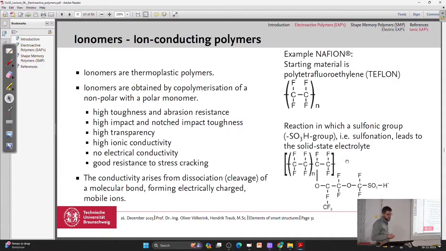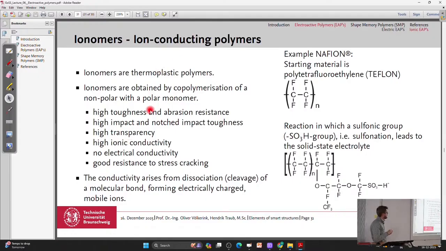So we need for this ion conducting polymers, also called ionomers, which are again thermoplastic. We can get them by copolymerization of a nonpolar with a polar monomer, and they have in general these properties: high toughness and abrasion resistance, high impact and notched impact toughness, transparency, high ionic conductivity.